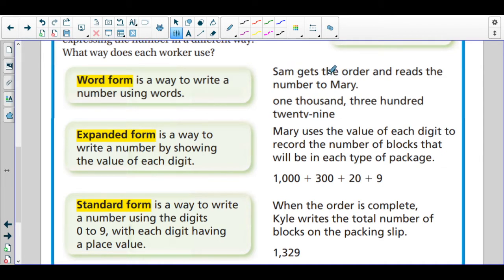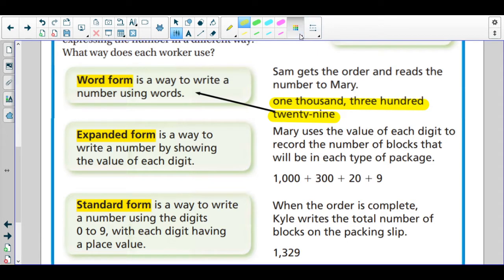So let's take a look here at Sam. Sam gets the order and reads the number to Mary. And he starts off by saying 1,329. That is an example of using word form.